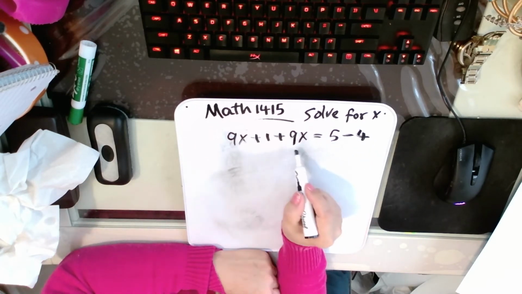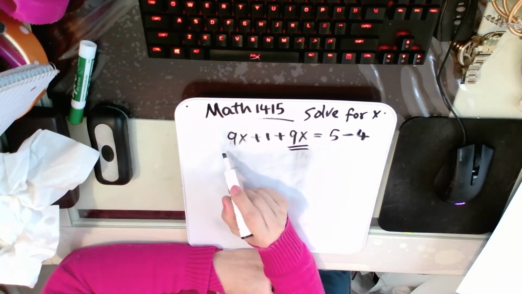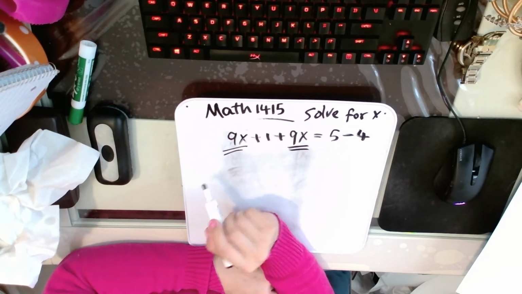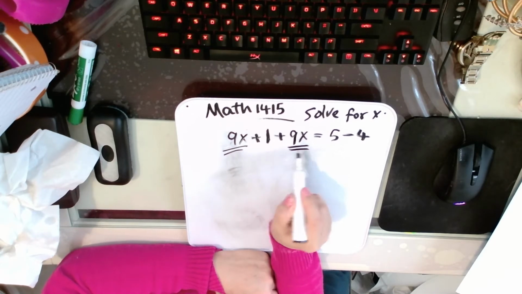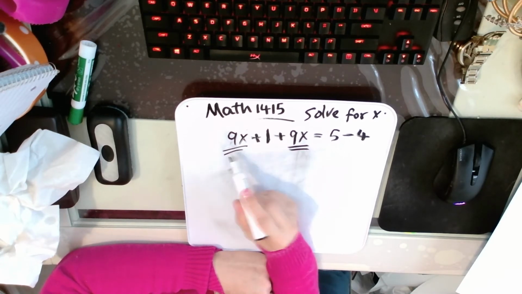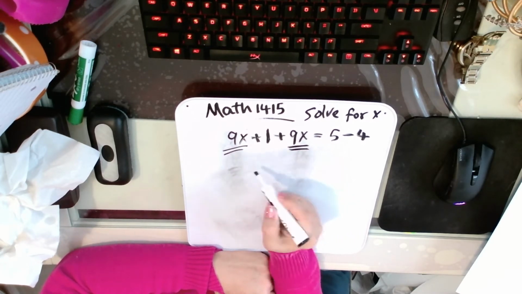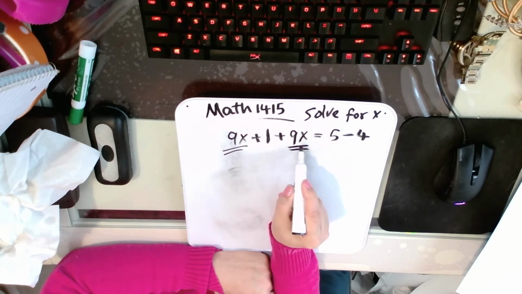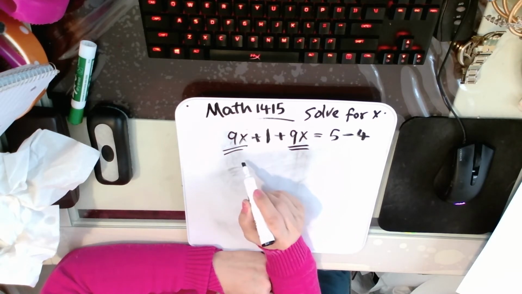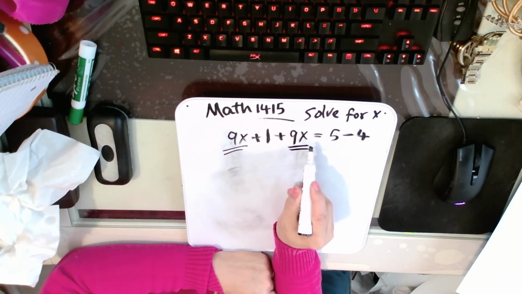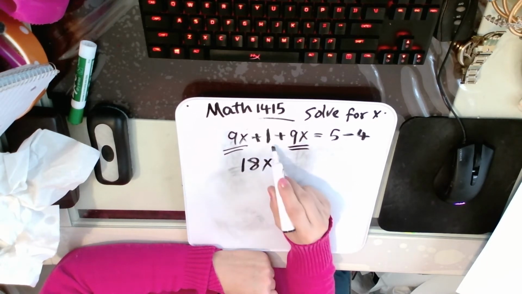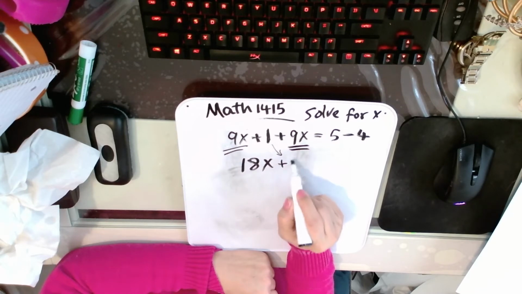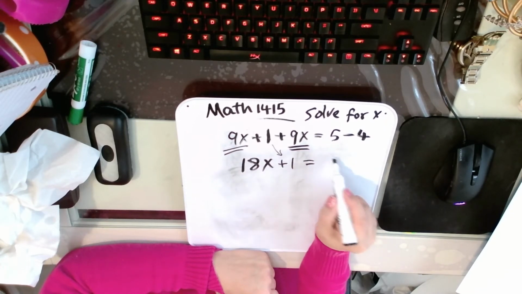Did you see 9x and 9x here? This is 1. So same terms, can we add them together? Yes, we can. So 9x plus 9x equals 18x. This one goes down, equals 5 minus 4, 1.